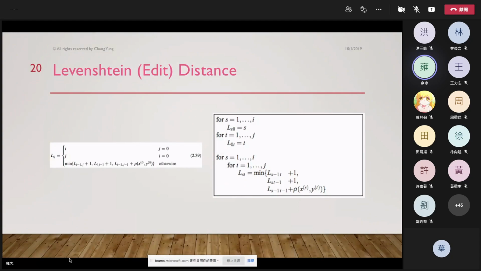Otherwise, we use this minimal formula to compute the edit distance. And we can write a program based on the formula 2.39. That's the algorithm for the program computing formula 2.39.